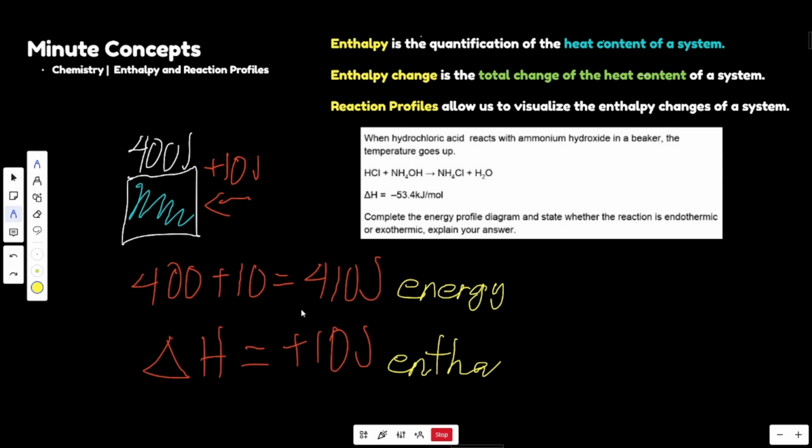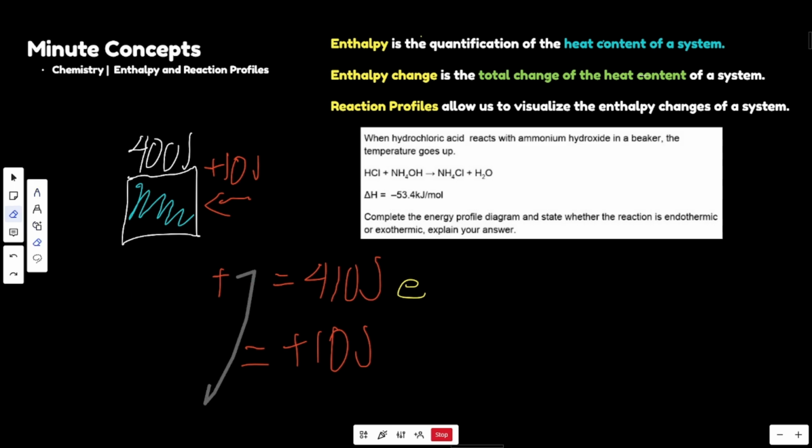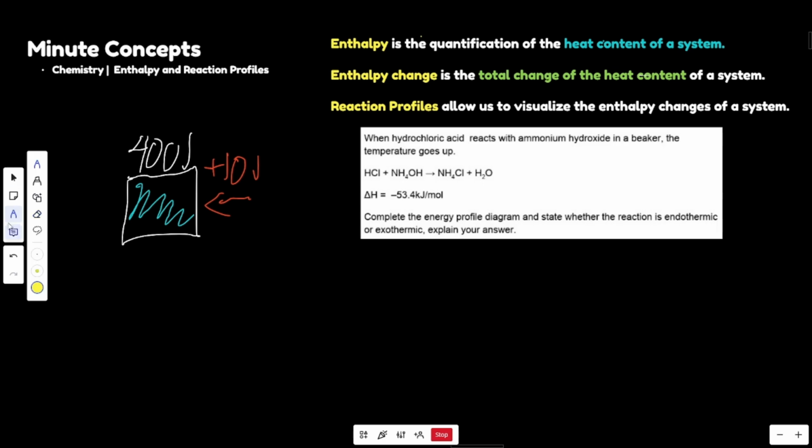Now how about in another situation where, let's get rid of this. Instead of heat added to the system, let's say that our system is losing energy and it releases heat outwards to its surroundings, 50 joules of heat.